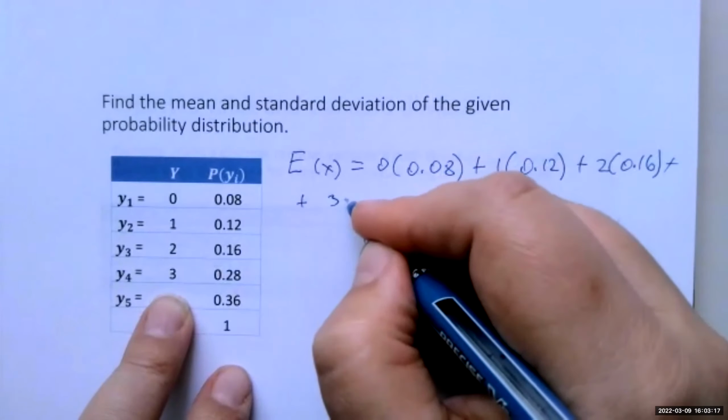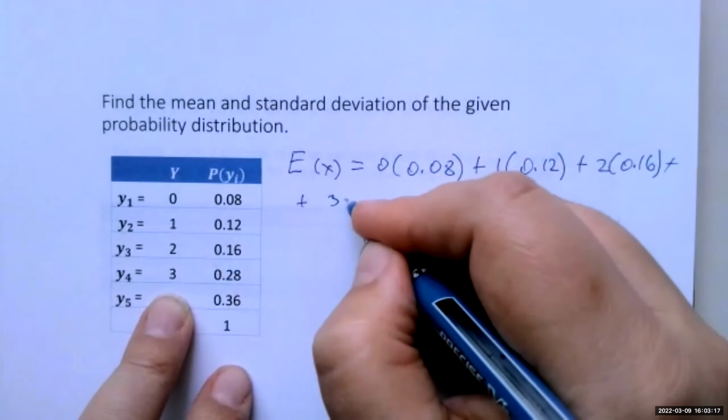And only after that, we're going to subtract the square of the mean, which is 1.6416.